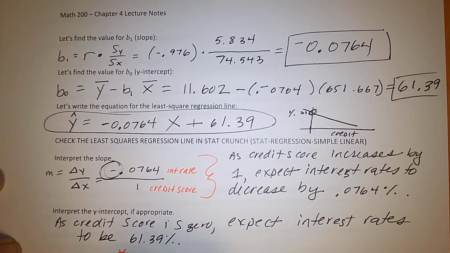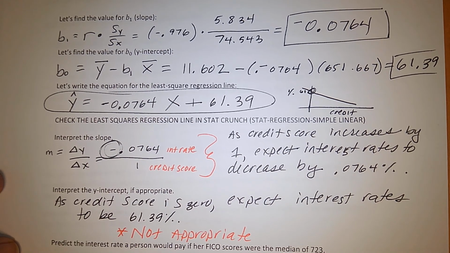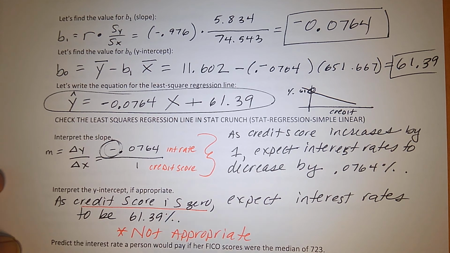Red flag, this is not appropriate. And a lot of times in this chapter, you will find that the y-intercept is actually not appropriate. You can't have a credit score of 0. This is impossible. Credit scores don't start down at 0. They start at a higher number. No matter how bad you get, it never gets to 0. So that's actually impossible.